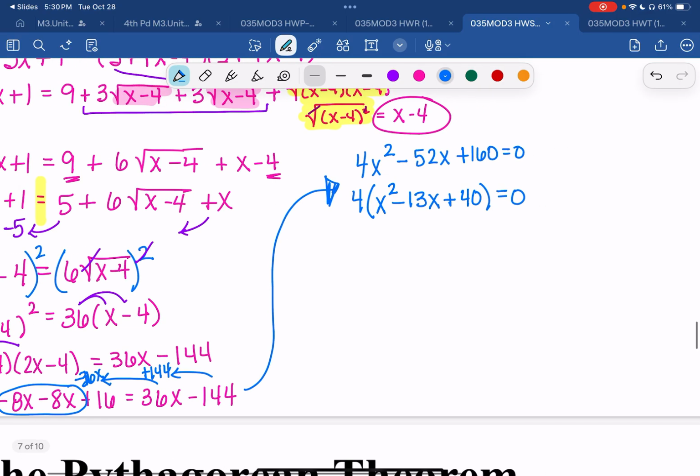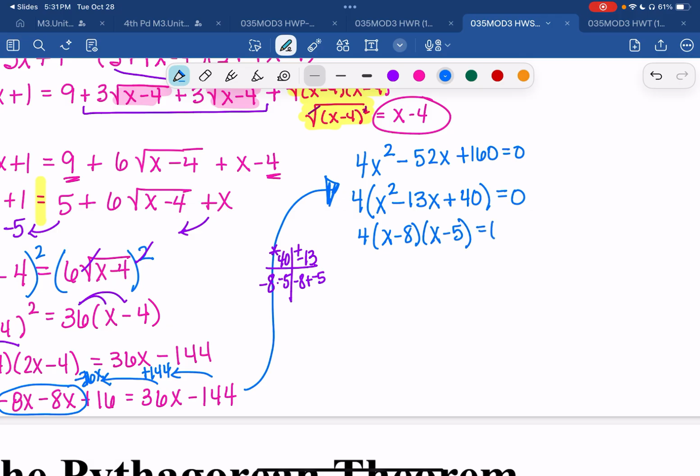Okay, now remember, for factoring, we're looking for numbers that multiply to 40 and add to negative 13. Those numbers are going to be negative 8 and negative 5, because they multiply to 40 but add to negative 13. Okay, so I've got 4, x minus 8, and x minus 5.